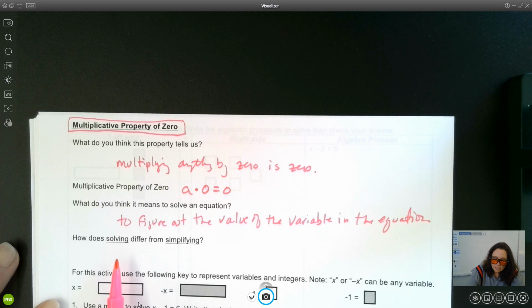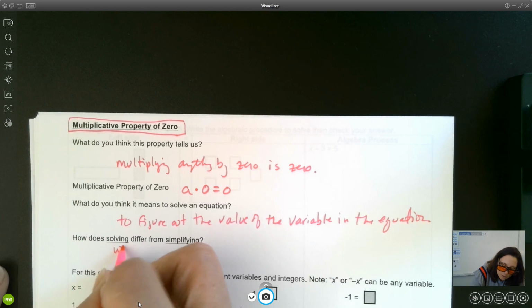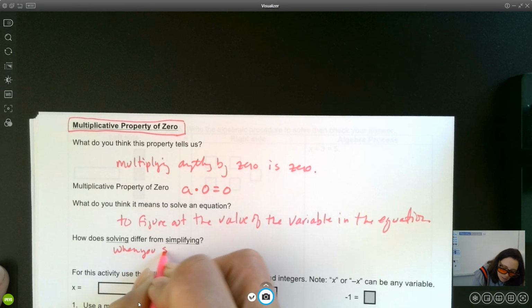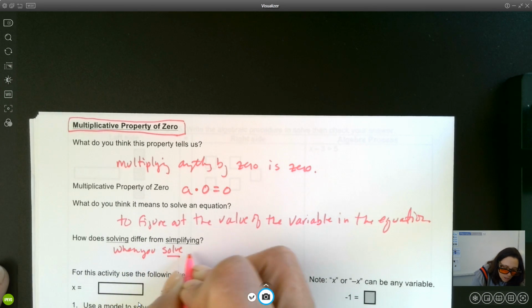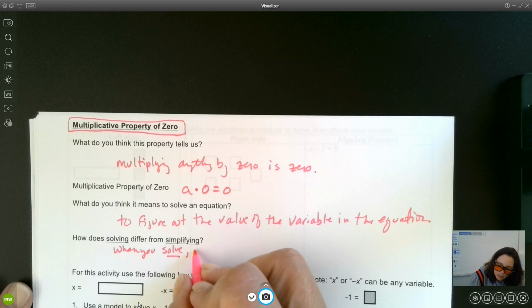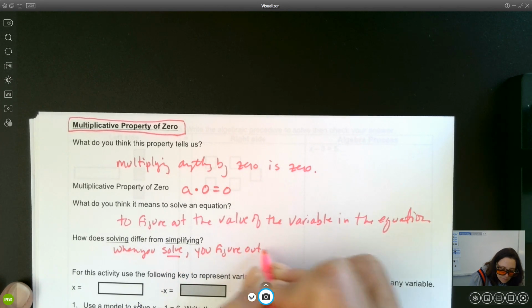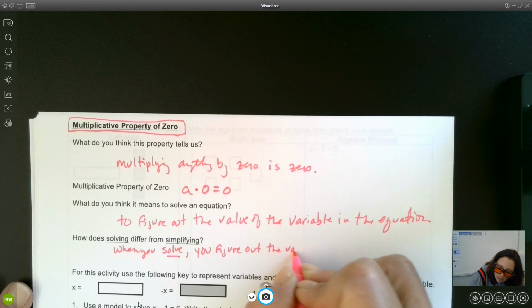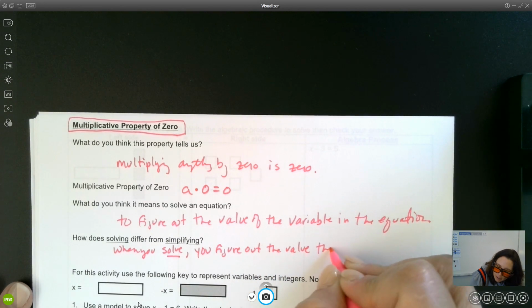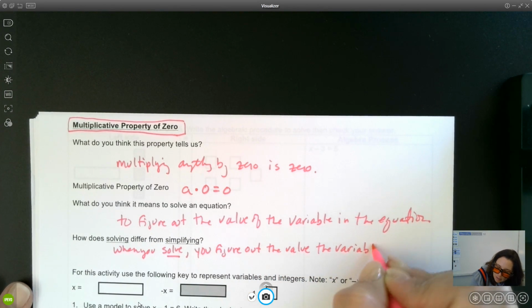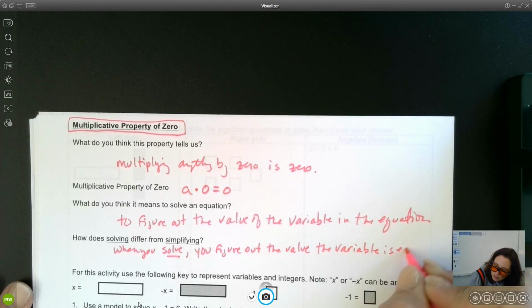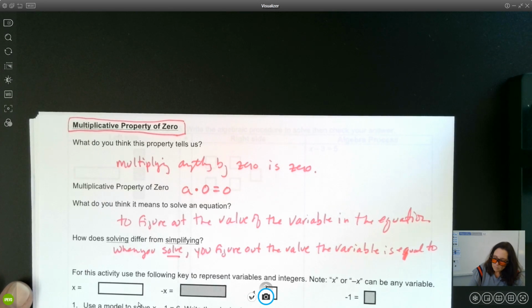How does solving differ from simplifying? Okay, when you solve, you figure out the value the variable, that's a letter, is equal to. It's a Q, period.